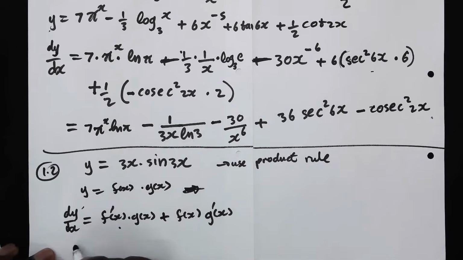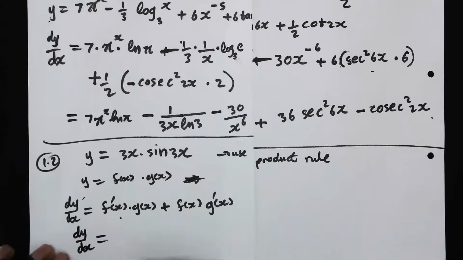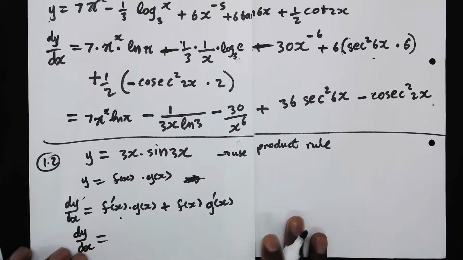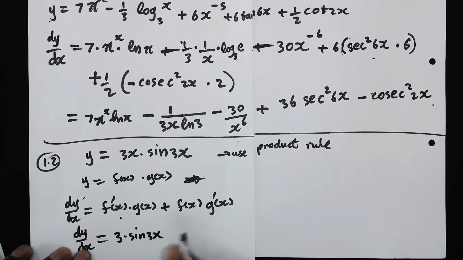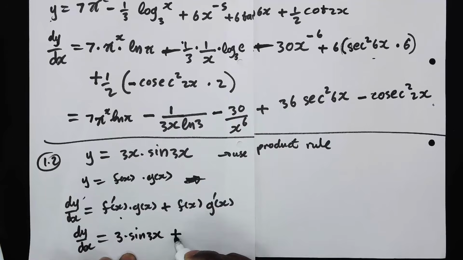So utilizing the function that we have there, I will state that dy over dx is equals to, we first derive 3x, we are going to have 3 multiplied by sine 3x. Therefore, we're going to have plus, you will multiply by 3x and derive sine 3x.